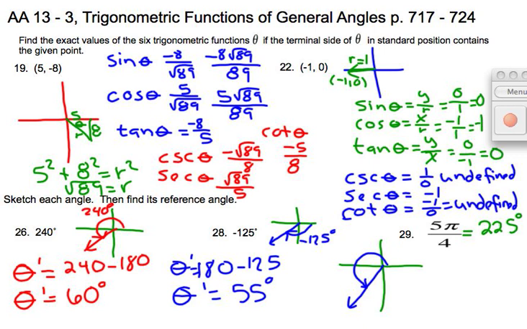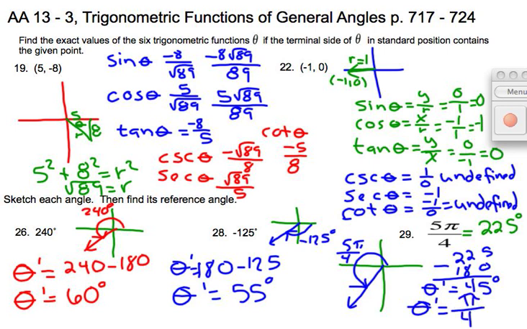In the third quadrant, I need to take the angle minus 180, so I'm going to take 225 minus the 180, and my reference angle will then become a 45-degree angle. But if I start in radians, I need to end in radians. So you need to convert that 45 degrees to pi over 4.